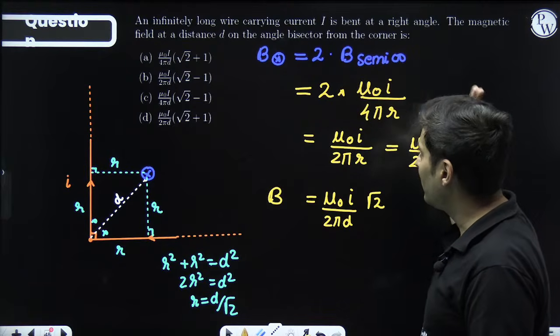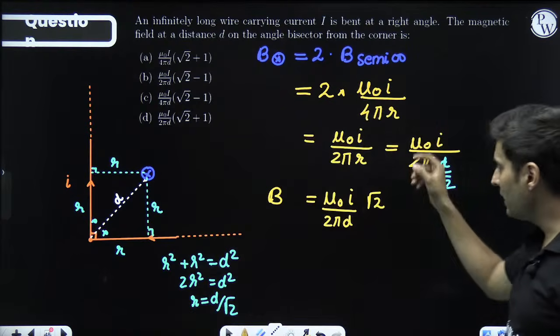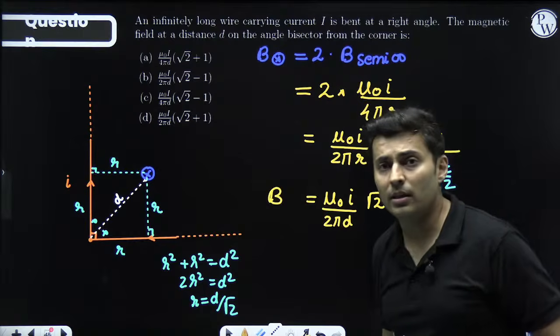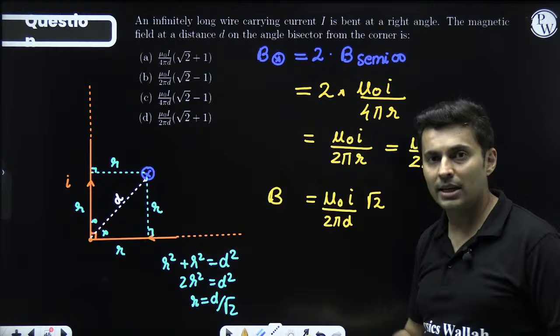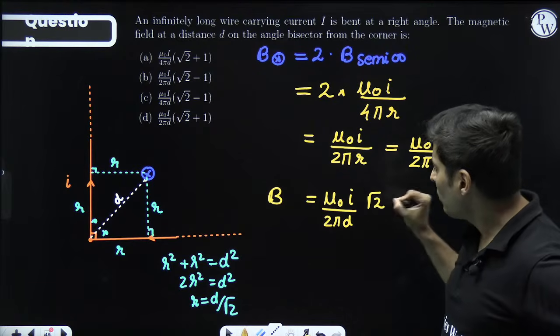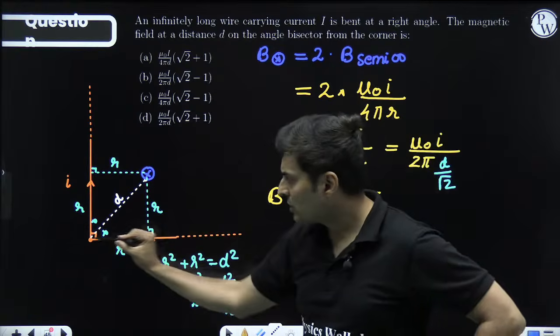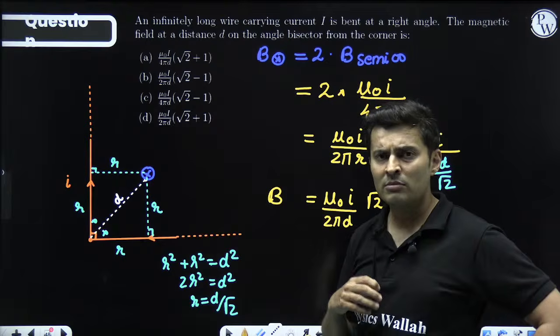They take the magnetic field of a semi-infinite wire and they solve it and they write the answer. But let me tell you, this is not the correct answer. I deliberately did this so that you understand what the mistake is. You might be wondering, sir, why is this not the correct answer? Because this is also a semi-infinite wire only. No, sir. I thought this would be correct.